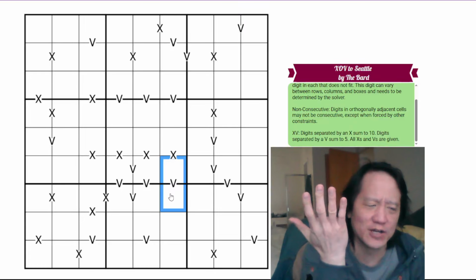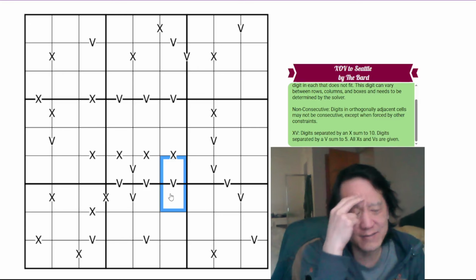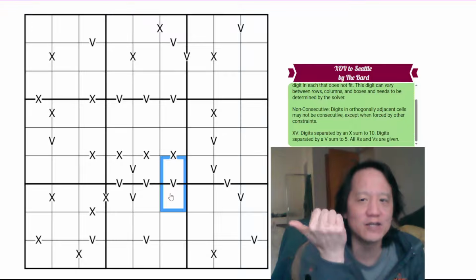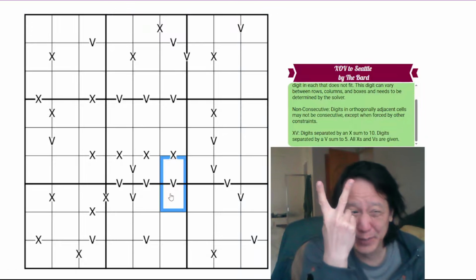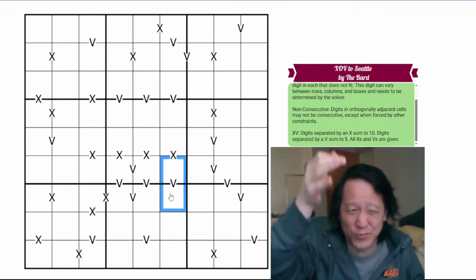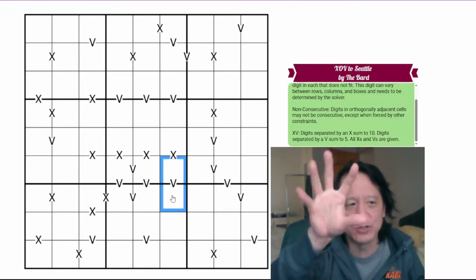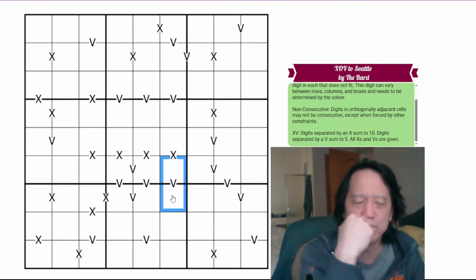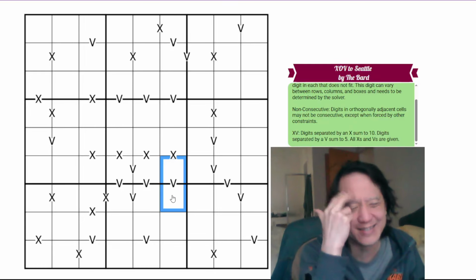Obviously, X doesn't affect it. Maybe it should be basically... yeah, I guess I would rewrite all these rules. Non-consecutive: digits in orthogonally adjacent cells may not be consecutive, except when separated by a V, but only when separated by 3 sets of V's? I don't even know where it fits into this, so that's why I don't like this rule explanation. It's not intuitive and doesn't make any sense.